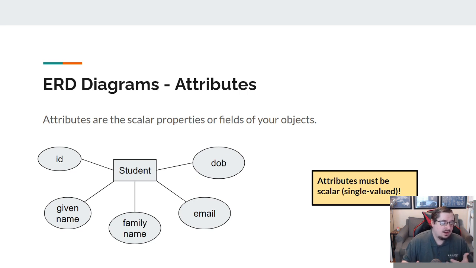So oftentimes we end up adding an arbitrary number to our entities, which we just call the ID, which is basically, for all intents and purposes, randomly generated, right? That number does not exist in the real world. It's just something we come up with to give that entity a unique value.